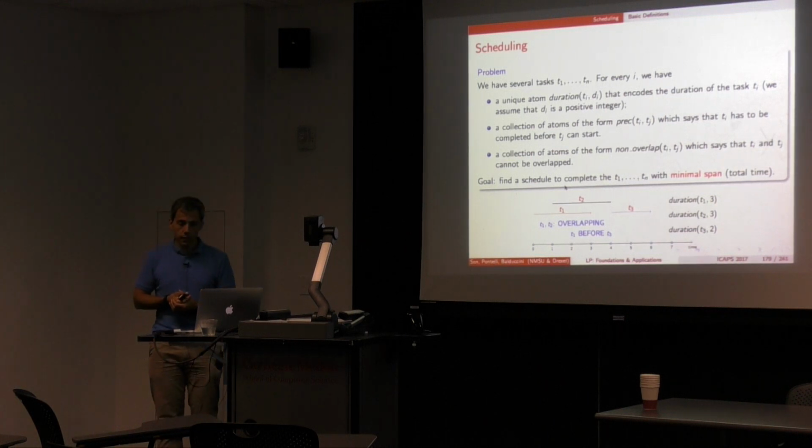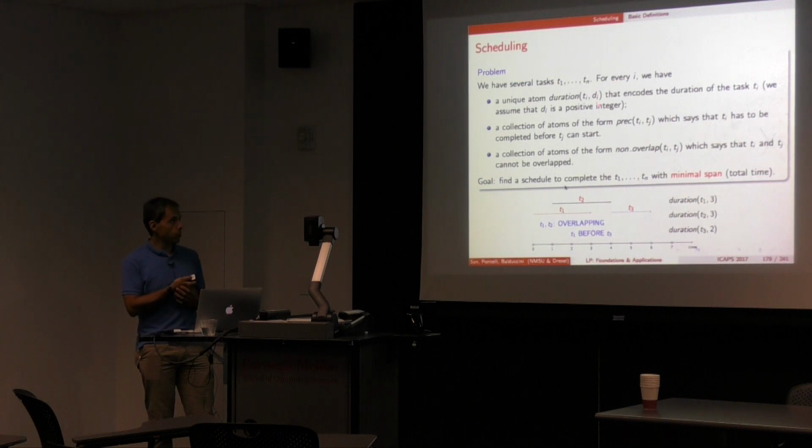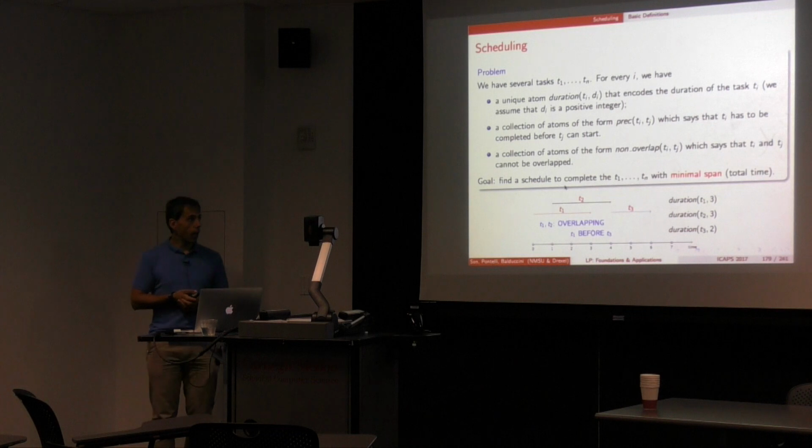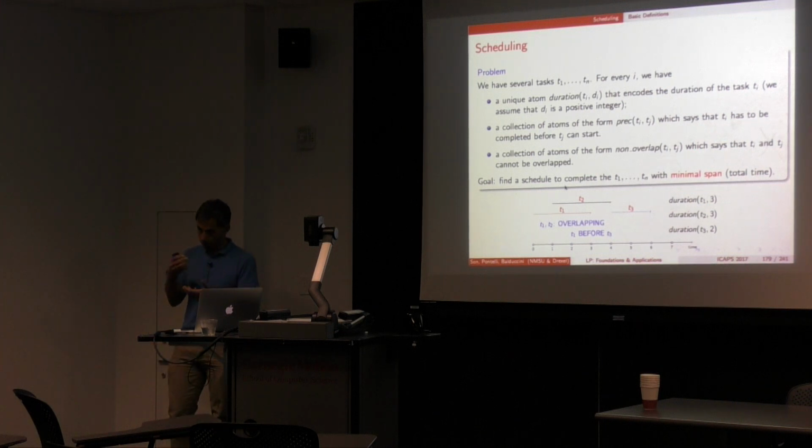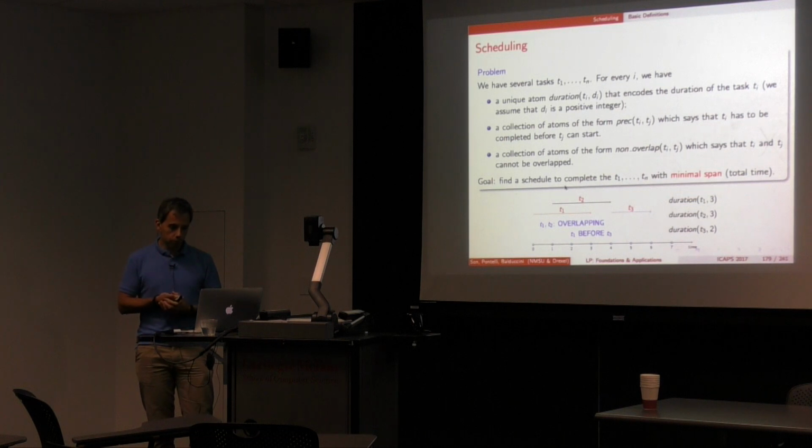A way of representing this in ASP is by means of a relation duration, which assigns a duration to task Ti, a relation prec, which links 2 tasks and says that Ti should precede Tj, and then the non-overlap relation saying that Ti and Tj cannot overlap, and of course this is a reflexive, symmetric relation.